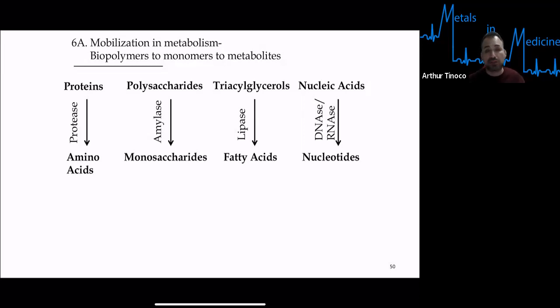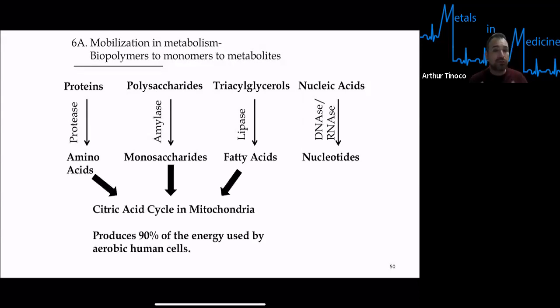Proteases enable the formation of amino acids, amylase the formation of monosaccharides, lipase the production of fatty acids, and DNase and RNase the production of nucleotides. And then we know further that the breakdown of the amino acids, the monosaccharides, and the fatty acids can lead to the formation of metabolites that will partake in different biomolecular cycles, the primary one being the citric acid cycle in the mitochondrion, which can produce 90% of the energy that's used by aerobic human cells.